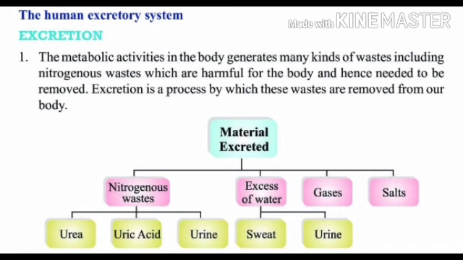First, write the heading excretion in your notebooks in the same way, and then as the first point, write down: the metabolic activities in the body generate many kinds of waste, including nitrogenous waste, which are harmful for the body and hence need to be removed.